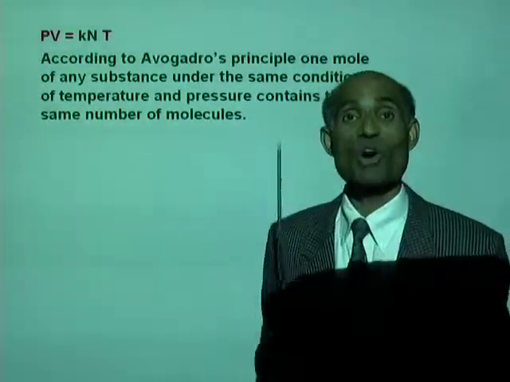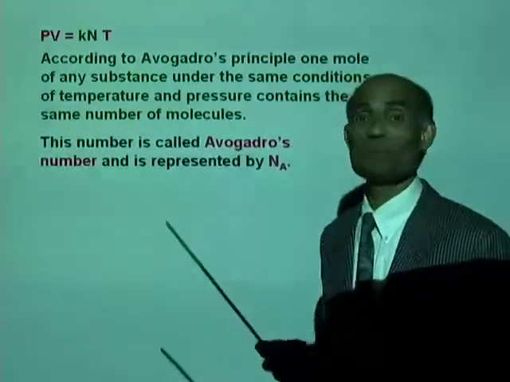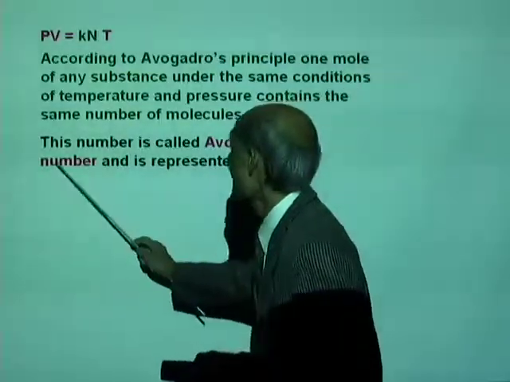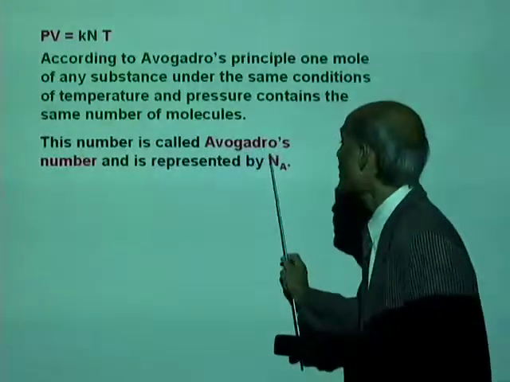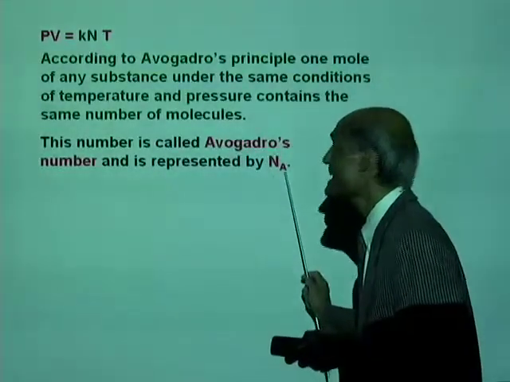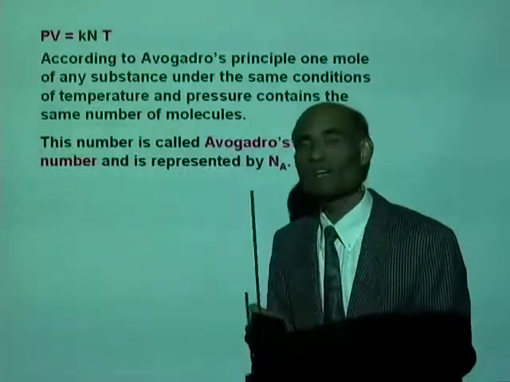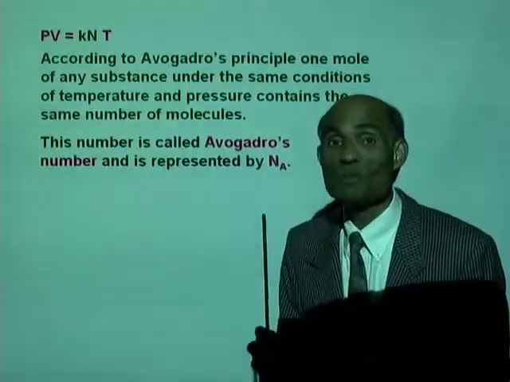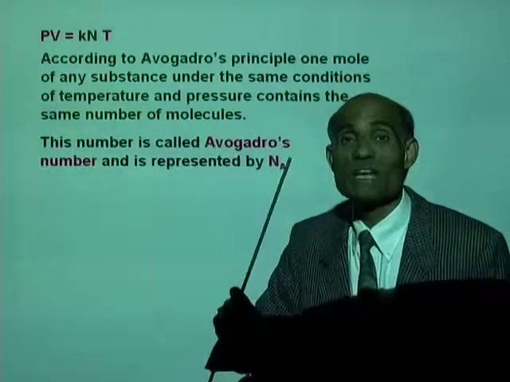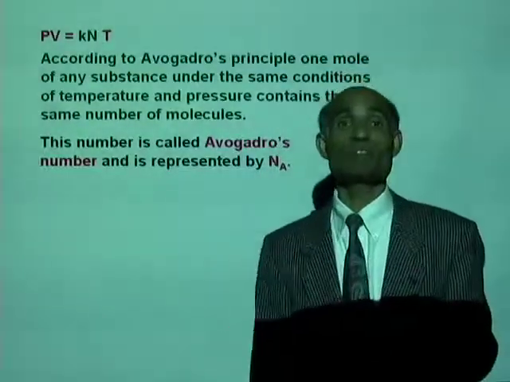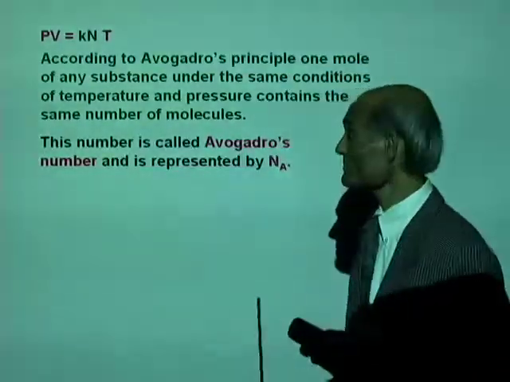That number is called Avogadro's number and is represented by Na. What does Avogadro's number give you? The number of molecules in a mole of a given amount of substance.